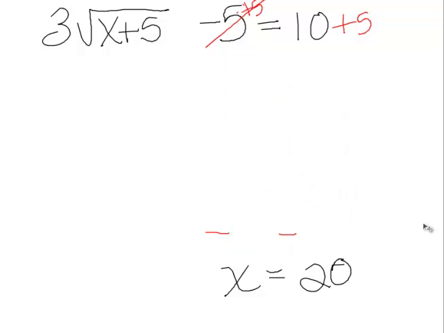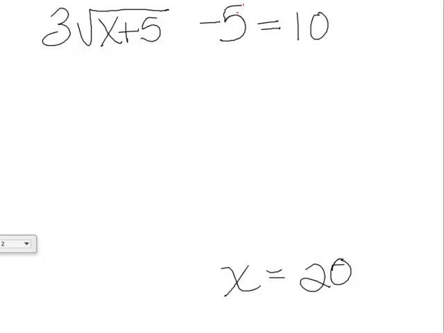So we're going to check our solution of x equals 20 by going back to this original equation and plugging in 20 where we see our x, and our x is right there.